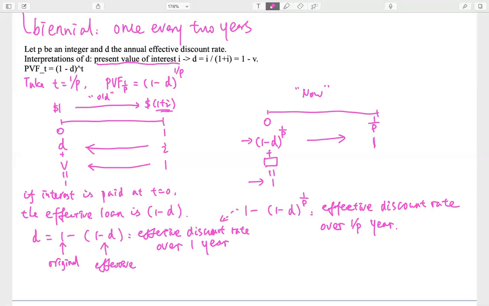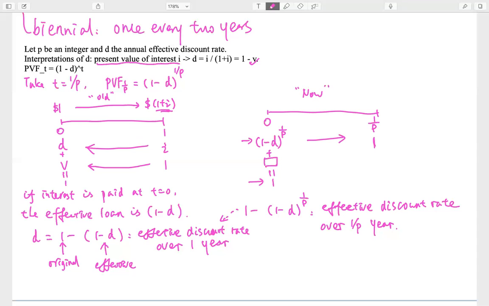But of course, we can take p to be a different integer. We can take p to be 2. That means we only want to consider 6 months. It's very possible, right? And since we know the relation between d and i, we can put it back into this formula.